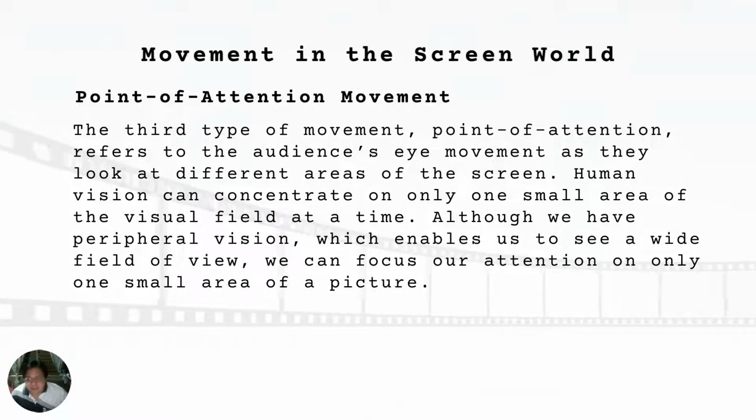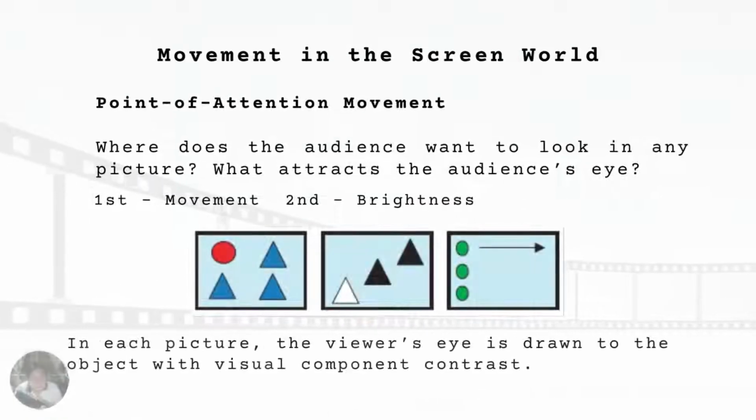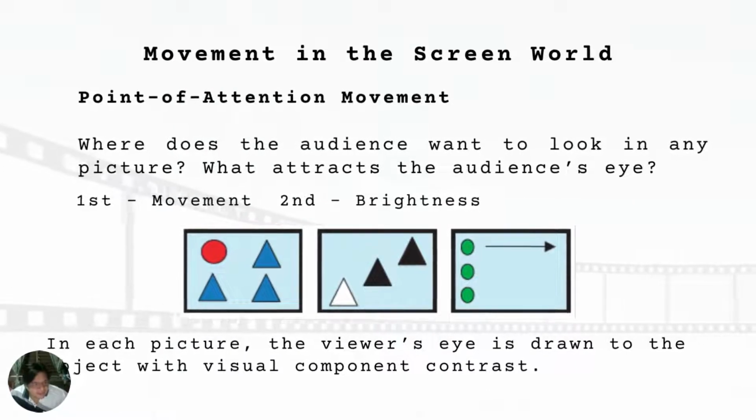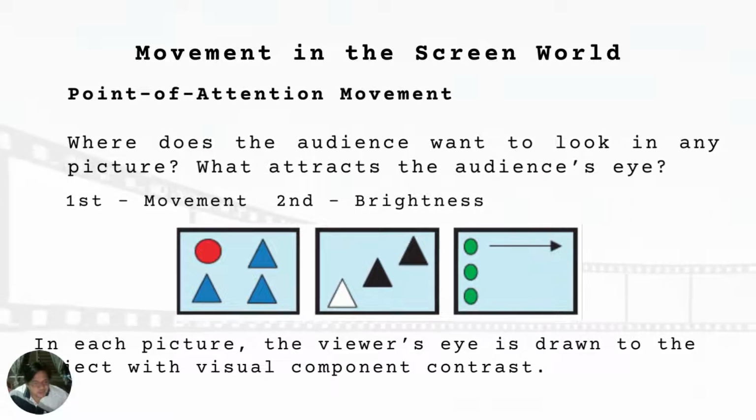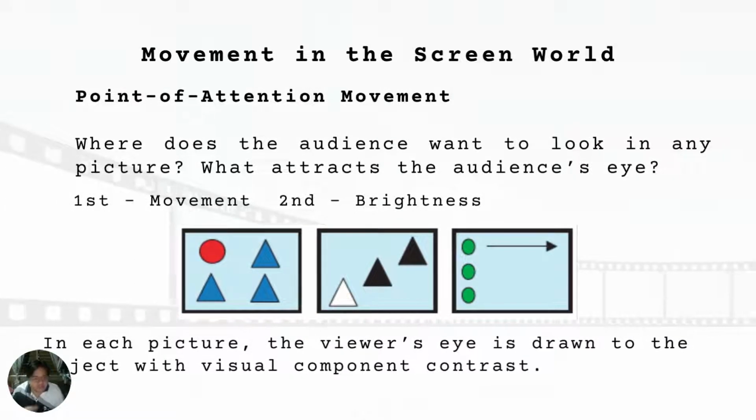Now, this is very fortunate because it means that the picture makers or the directors can predict and control what part of the picture they want the audience to look at, or want to get the audience's attention to. Okay, I'm going to give you an example. Look at the three figures in front of you. Di ba?